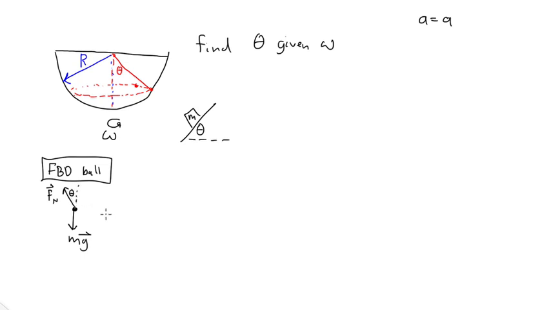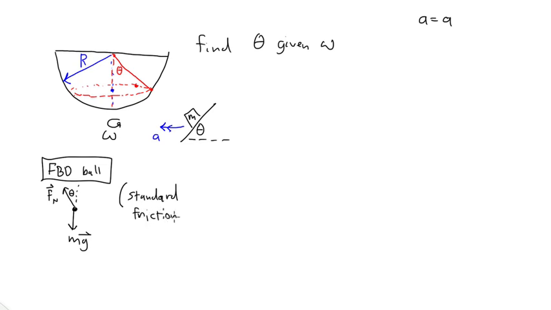What you'll find is that this is a standard banked turn problem. We need to accelerate sideways because the center of the circle is sideways from where the ball is, so you're going to use your standard coordinates. I'm going to skip this because this has been done before, and you should know how to do it. If not, this is the standard treatment of a frictionless banked turn.